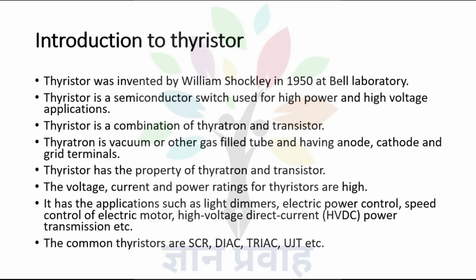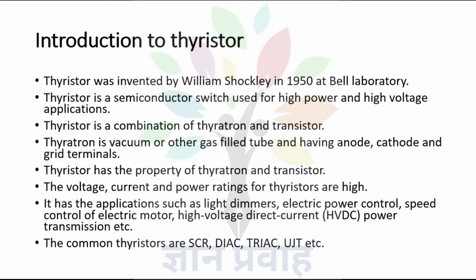Therefore, the property of the thyristor is a mix of the properties of thyratron and transistor. Thyristors are used for high power and high voltage applications. It means the voltage, current and power ratings for thyristors are high.